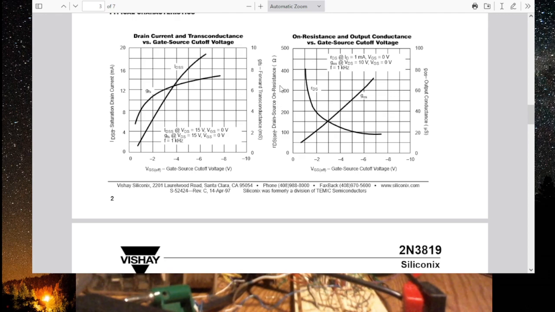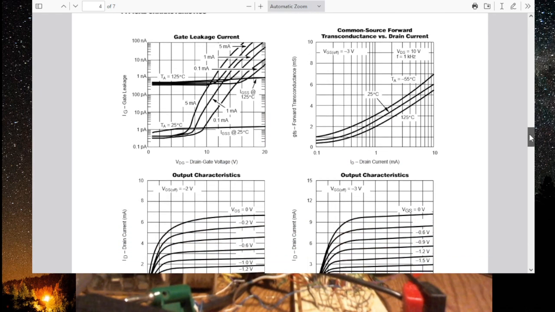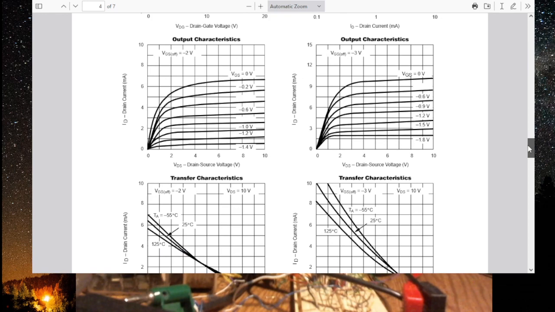Drain source on resistance. This is in ohms. So this looks like when this thing is turned on, the resistance is low. It's in the 100 ohms. That doesn't make any sense though. I don't understand half the stuff. I can't remember a lot of it.